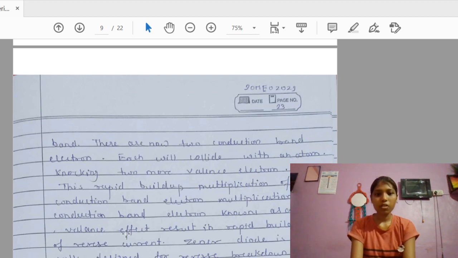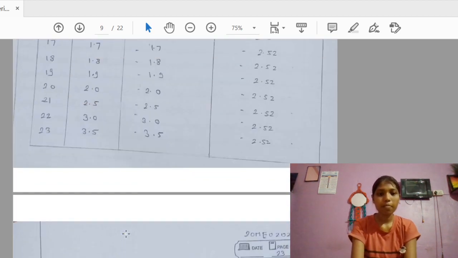There are now two conduction band electrons. Each will collide with an atom, knocking out two more electrons. This rapid multiplication of conduction band electrons, known as the avalanche effect, results in a rapid flow of reverse current. A Zener diode is specifically designed for reverse breakdown.